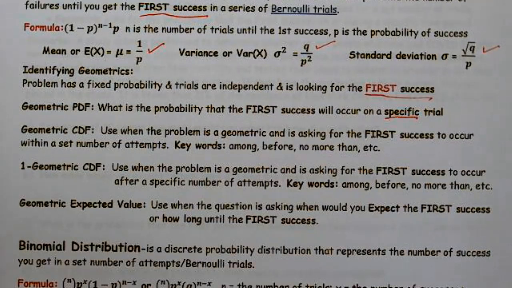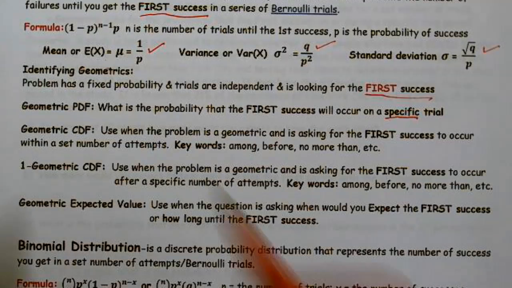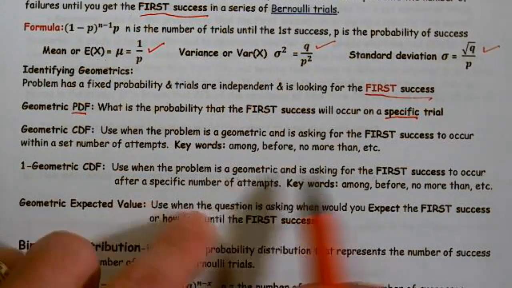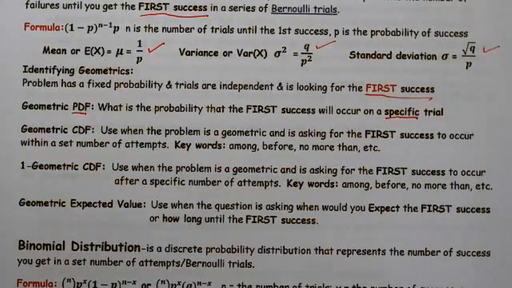If it's specifically the third, specifically the seventh, specifically some value, we're working with a PDF. Whereas a CDF means that the first success could occur among the first 7. It could be the first one, the third one, the fourth, fifth, sixth, or seventh. It could occur anytime. So anytime you have multiple values, it's a CDF.